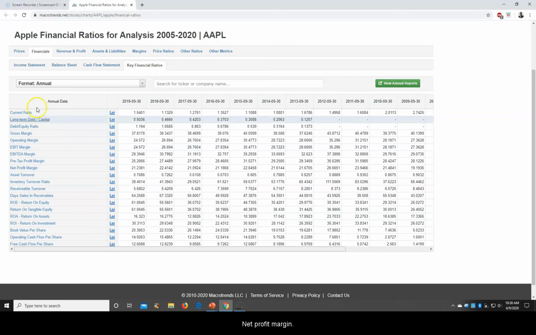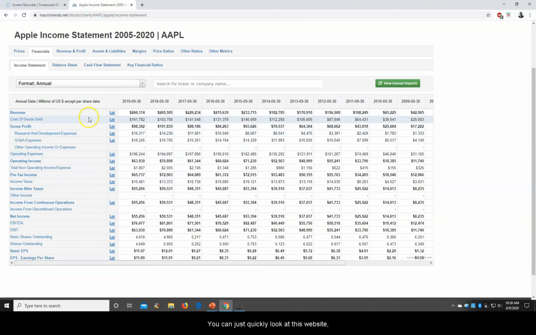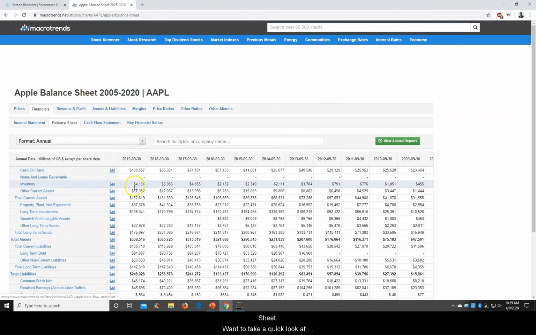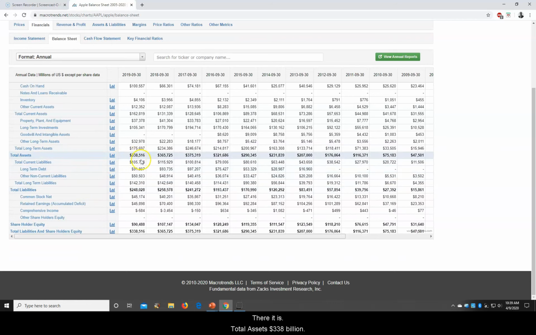Net profit margin. This also shows their income statement for the years. You can just quickly look at this website. Here's their revenue, here's their expenses, here's their net income for 2019, 2018, 2017. Same with their balance sheet. You wanted to take a quick look at Apple's? There it is. Total assets, 338.